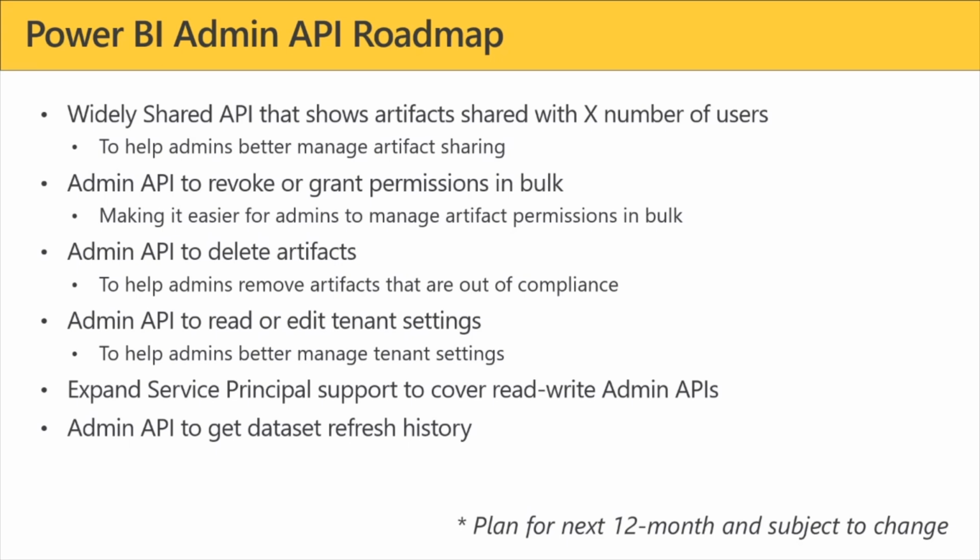This is to address some of the concerns that admins have on oversharing. And then we want to have APIs that can do in bulk revoking and granting of permissions to workspaces and also artifacts. We would also like to have admin APIs to delete artifacts. We have user APIs for deleting individual artifacts, but we don't have an API that can do that from an admin perspective.